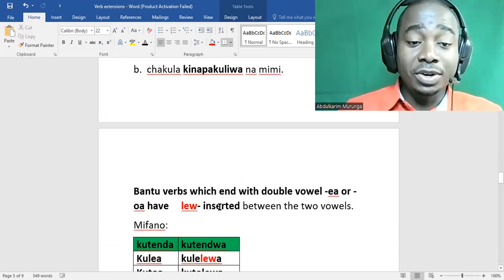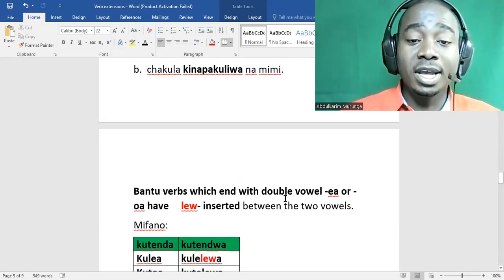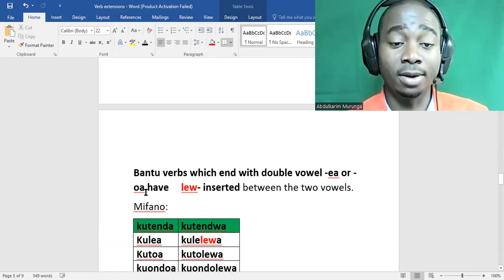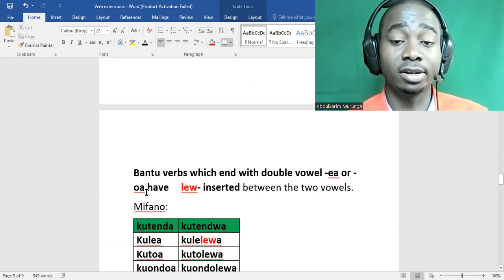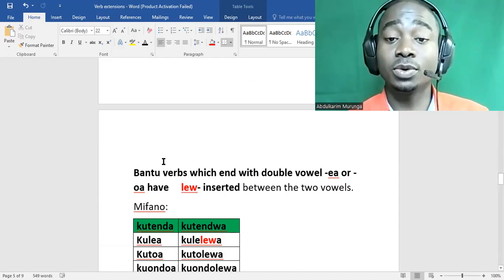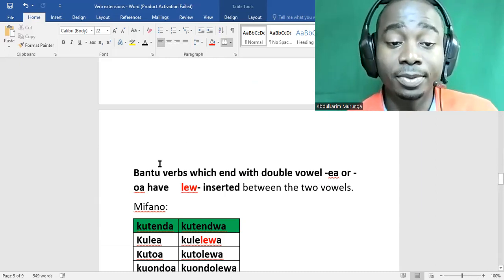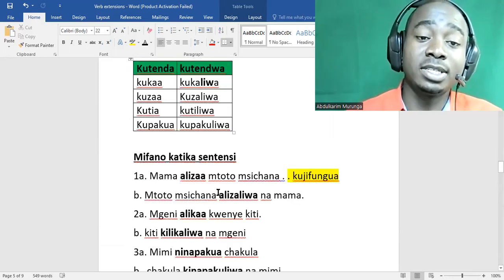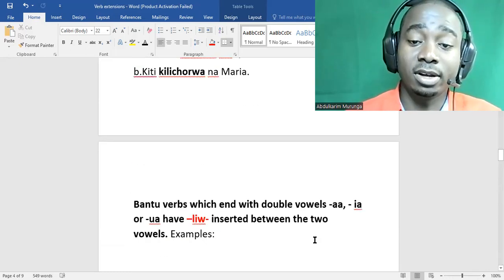We go to the third category here, where Bantu verbs end with a double vowel, E-A or O-A. Sawa? The first case was the Bantu verbs that end with the double vowel I-A or U-A.